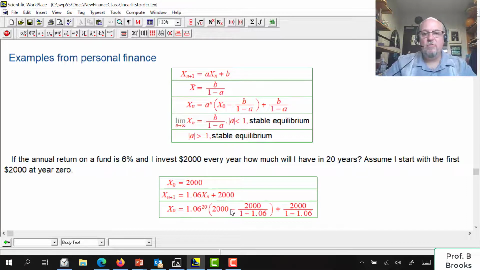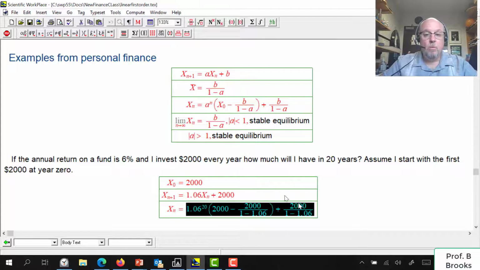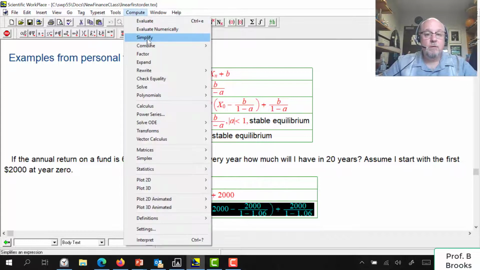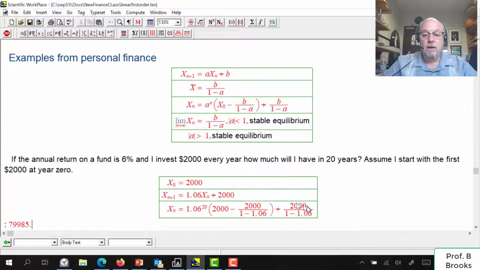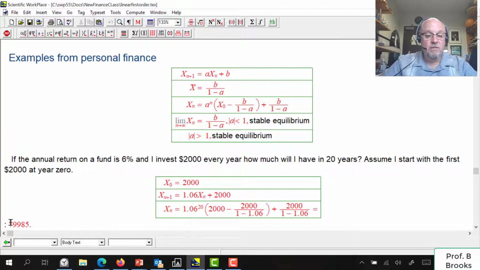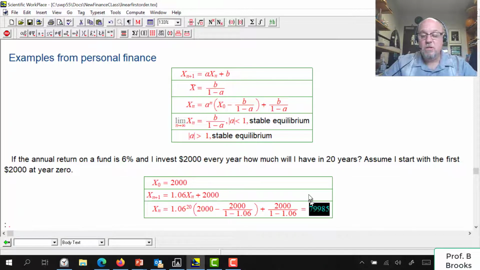But I'm making interest. My first 2,000 that I put in and all those earlier 2,000s that I put in, they grow at 6%. So it should be more than that 42. What is it? Oh yeah, it's way more. It's almost 80,000. So back of the envelope calculation, this will give me in 20 years about $80,000.